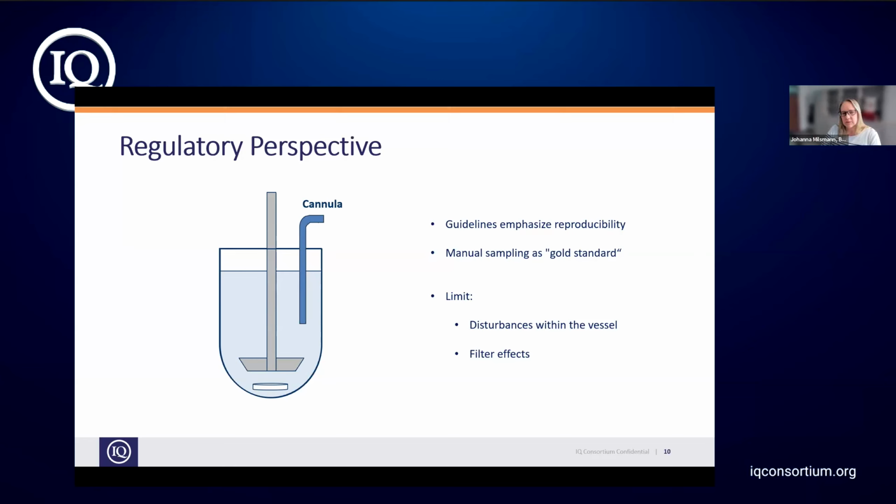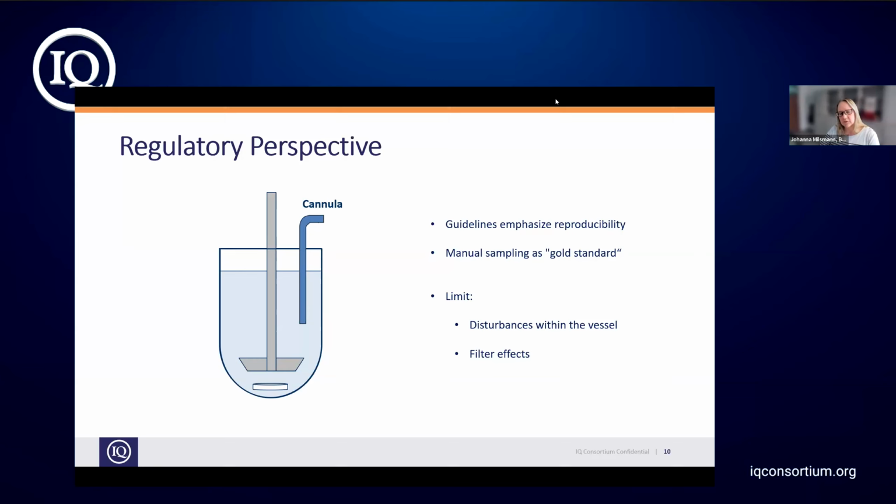With that in mind, that usually refers to manual sampling as the gold standard, because that is something everybody can do if they have the vessel and the basic setup. During sampling, usually for manual sampling, a cannula or any kind of sampling device is introduced into the vessel.